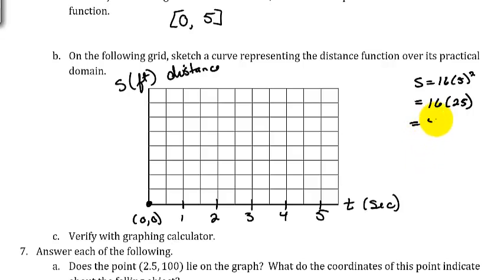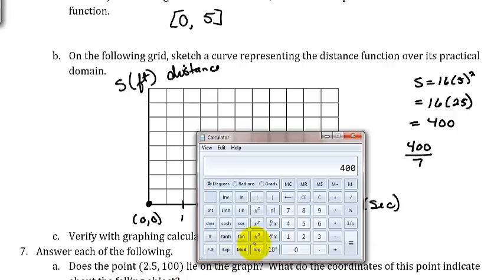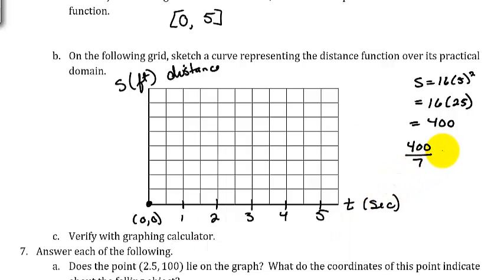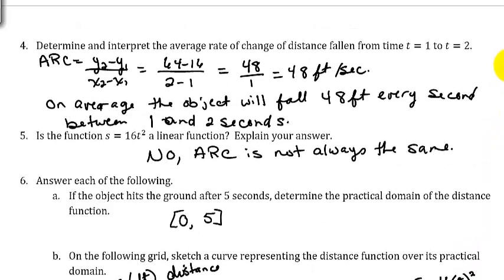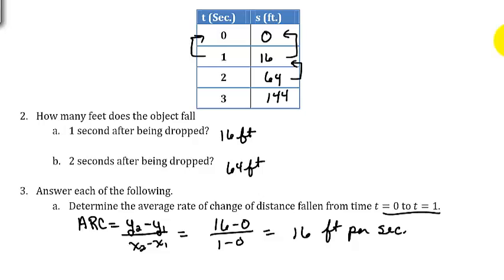And we get 400. And we have 1, 2, 3, 4, 5, 6, 7 tick marks here. So take 400, divide it by 7, and see what we get. And we get 57. So we need to use at least 57, if not something bigger. And I just want to go to my table of values. So they're all kind of weird values.